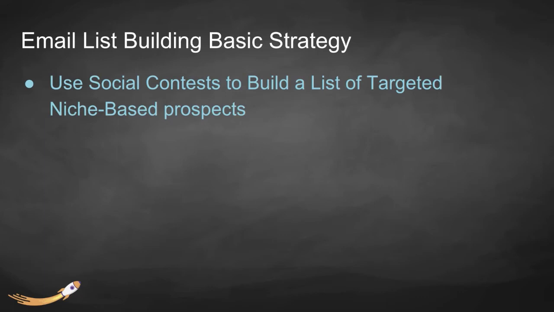This is a great pre-launch building strategy as well, where you can build up a targeted list of people who are going to be interested in your product because they're already interested in the same category. That's my number one way of building a list right now: a social contest.